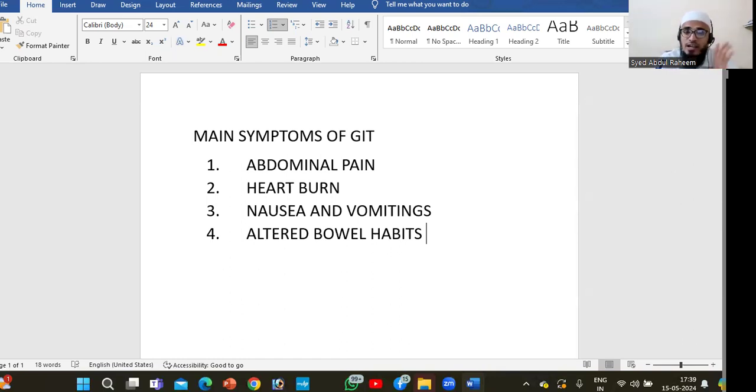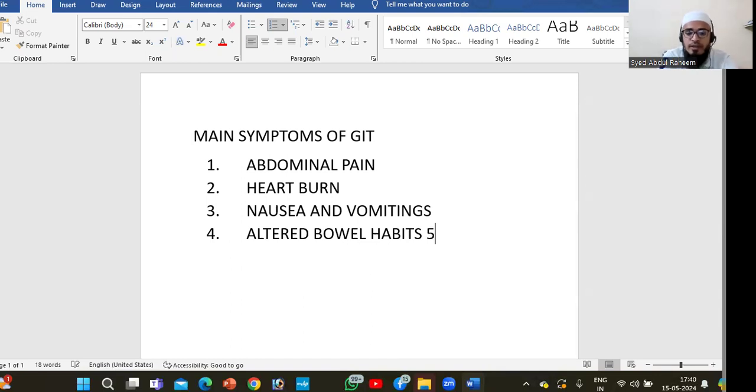These are incomplete evacuation and altered bowel habits. We have diarrhea, infection, any inflammation in the large intestine, malabsorption, taking of medications. All these are possibilities of altered bowel habits.